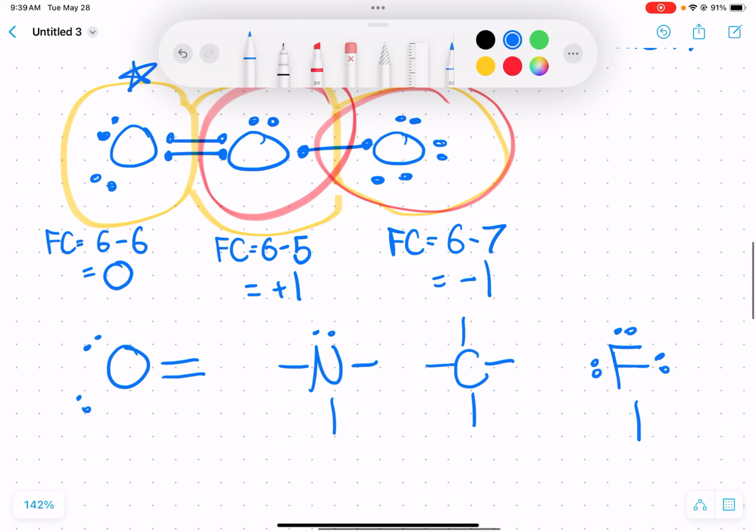Those are the traditional number of bonds and lone pairs for those columns. If they match those, they're 0 formal charge. Okay? If they don't, you probably need to look at them and consider, like if they have less bonds than that, they're a negative charge. If they have more bonds than that, they're a positive charge. Okay? Hopefully that helps. Let me know if there are any additional questions.